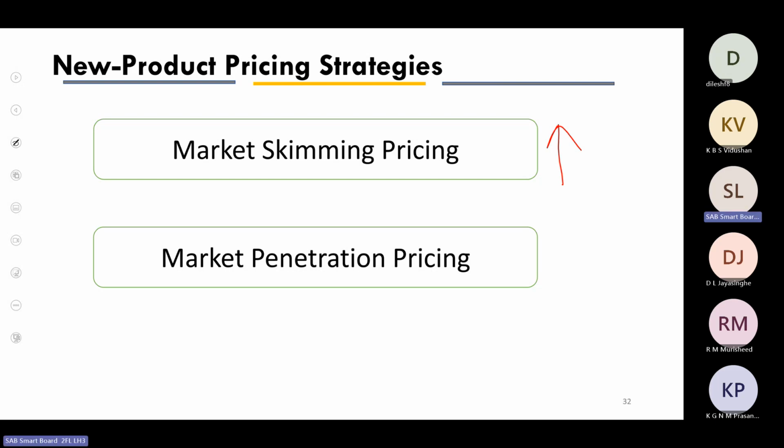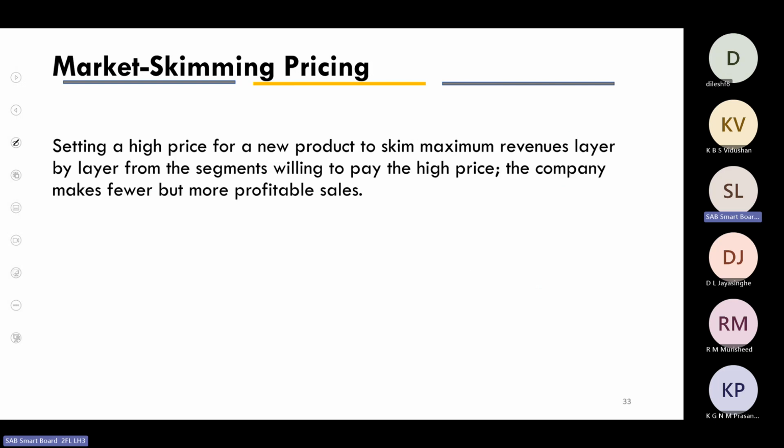So these are the two pricing methods that companies can apply when they are introducing new products to the marketplace. Market skimming, this is what the handout says: setting a high price for a new product to skim maximum revenues layer by layer from the segments willing to pay the high price.